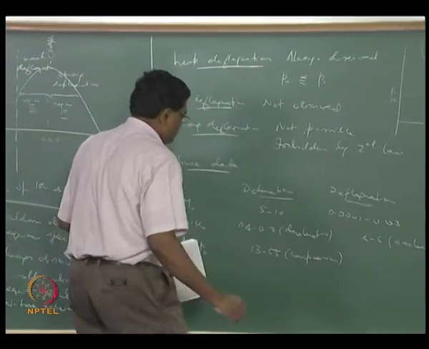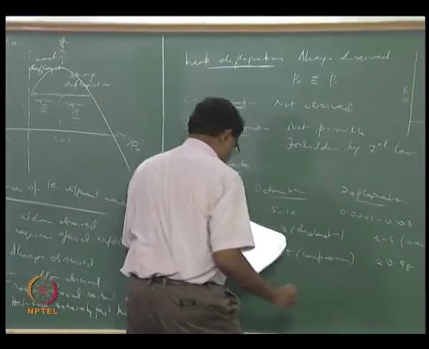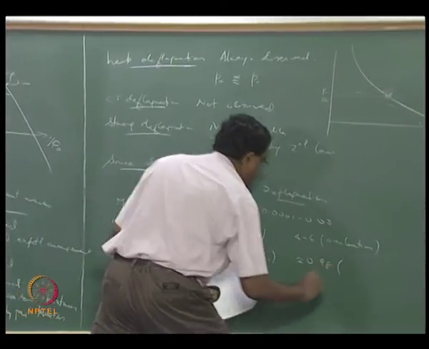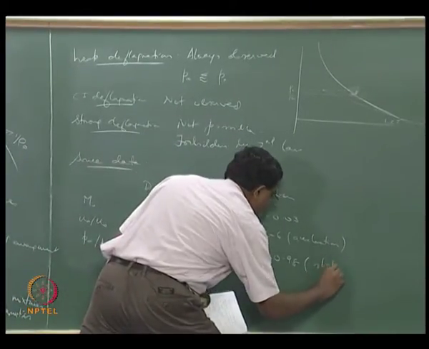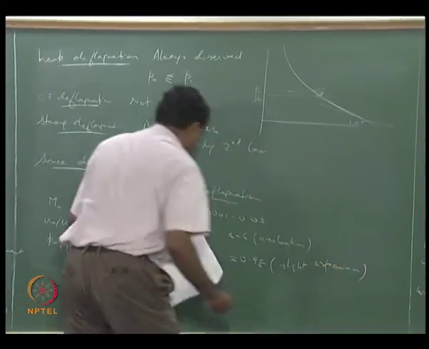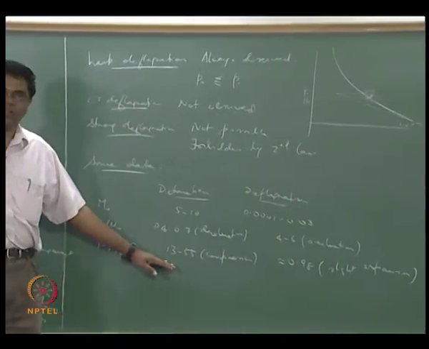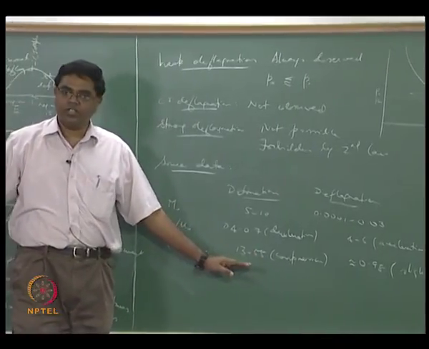This is about 0.98. There is about 98% pressure recovery there, so that is slight expansion. And this high pressure jump across the detonation wave is what causes all the damage in detonations.